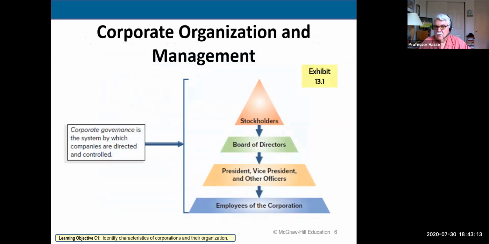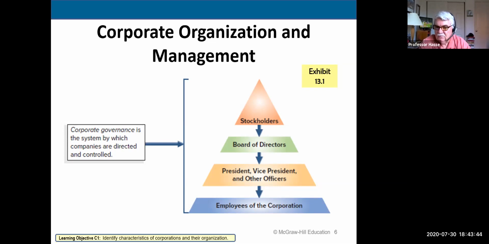The organization of a corporation is very important. I work for a company. I'm at the bottom of the pyramid. The management team, the people who make the strategic decisions, which some of you already are at that level or will be at that level in your career, that's the next level. And they report to the board of directors. The board of directors represents the stockholders of the company.